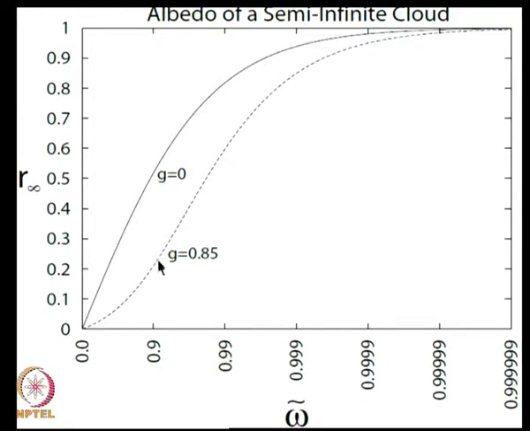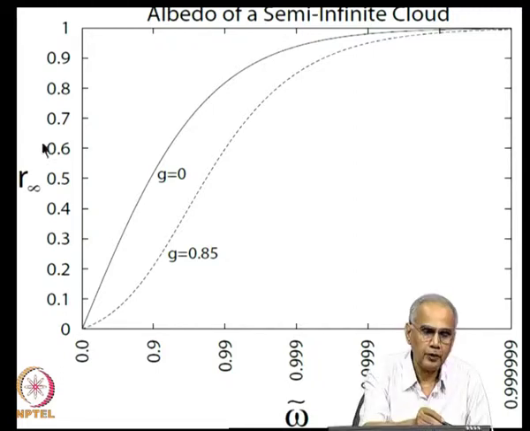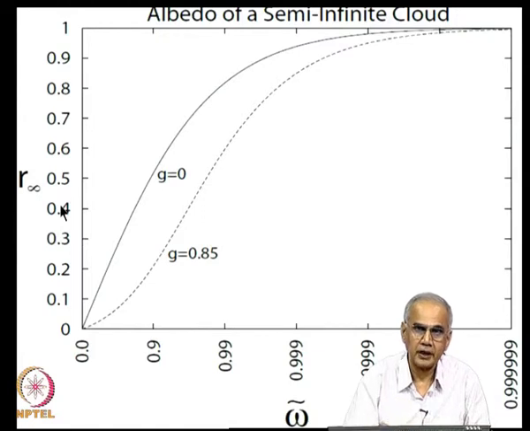Next, we see the case where there is more forward scattering. If there is forward scattering which is more than isotropic, then you must realize that there is less backward scattering. So, albedo is nothing but backward scattering.